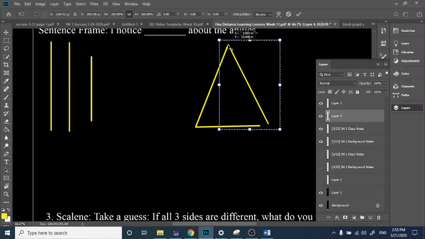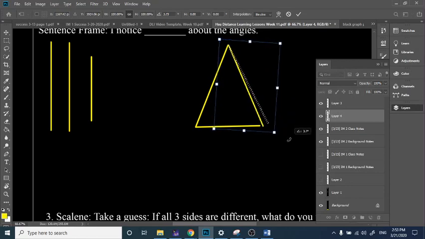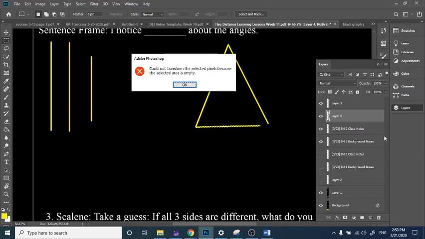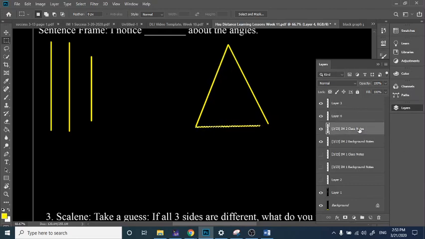Move the axis of rotation right there. Now let's start rotating this thing. If I rotate it, it's going to go kind of that way. Okay, so that means that thing needs to be a little bit more... Oh, wrong layer.